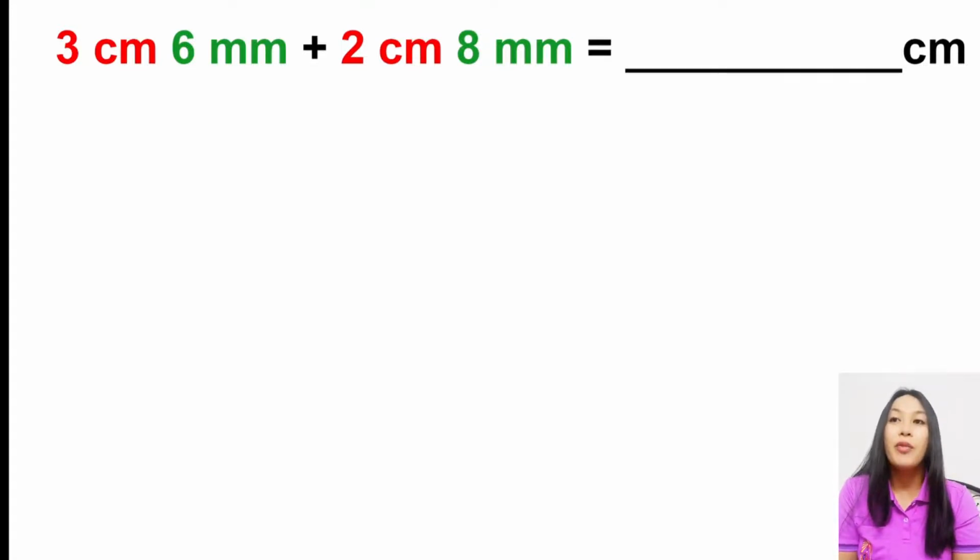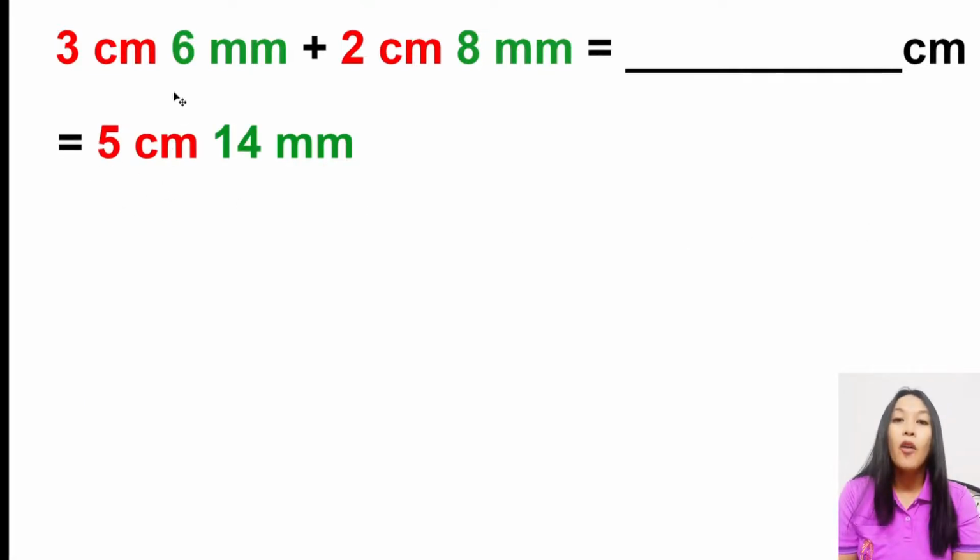So if we add 3 centimeters and 2 centimeters, we get 5 centimeters. If we add 6 millimeters and 8 millimeters, we get 14 millimeters. So if we add them together, we have 5 centimeters and then 14 millimeters.